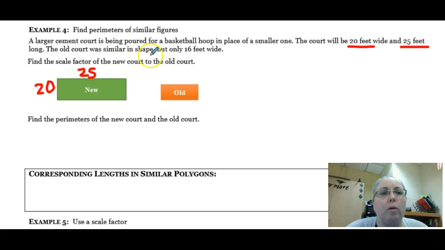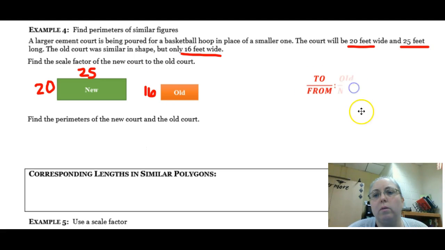All right, and the old court was similar, but it was only 16 feet wide. And I want to find the scale factor of the new court to the old court. So I want to go from the new court to the old court. So I think from and to.